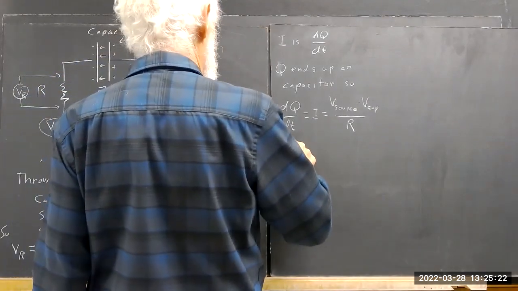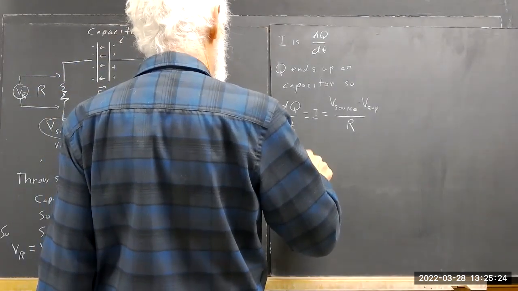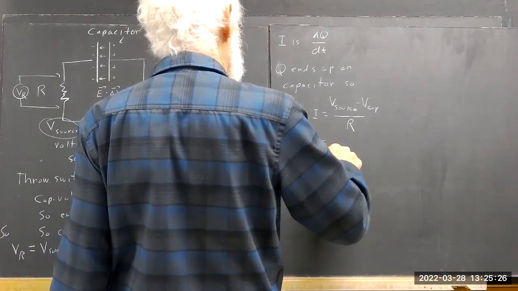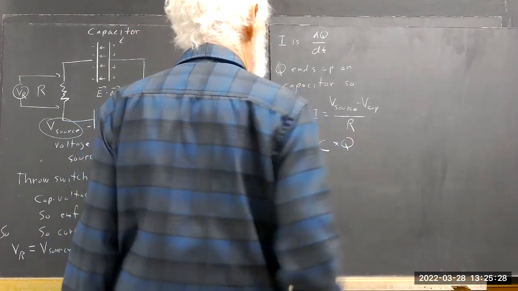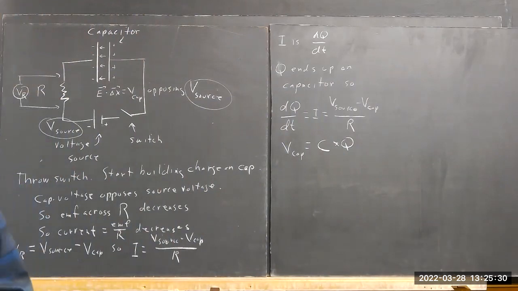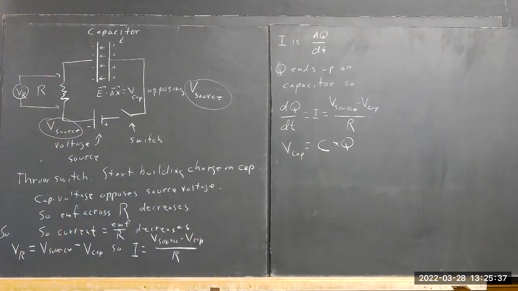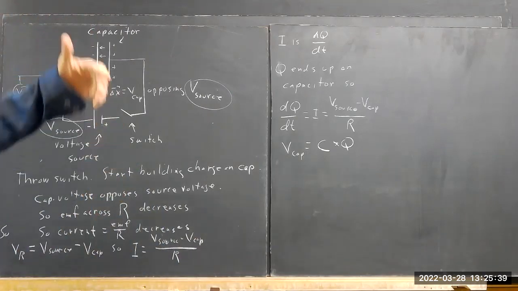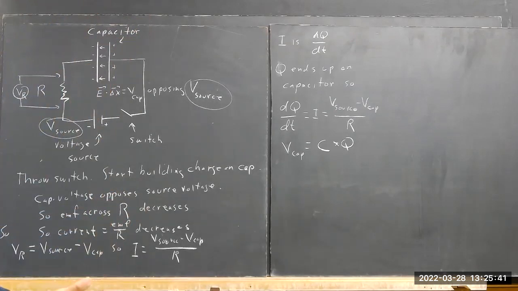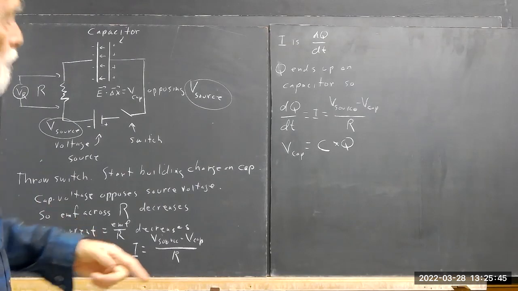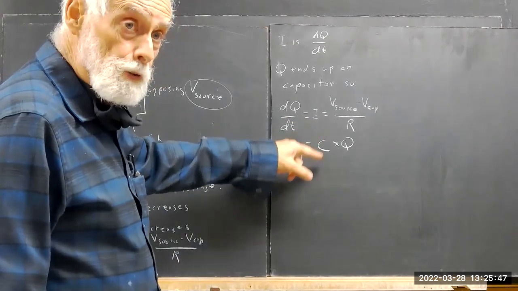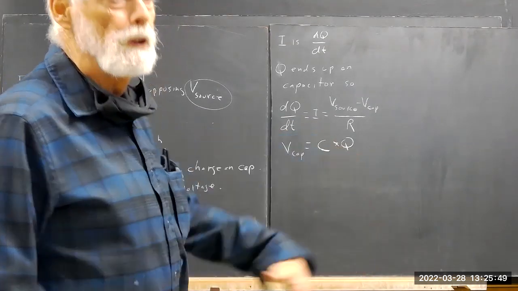Now, the voltage across the capacitor equals the capacitance times the charge on the capacitor. That goes back to the definition of capacitance, which I have to assume, capacitance is just the charge per unit, the voltage per unit of charge. So you multiply the voltage per unit of charge, which is the capacitance, times the charge, you get the voltage.